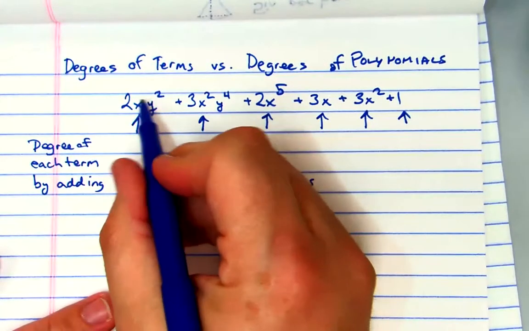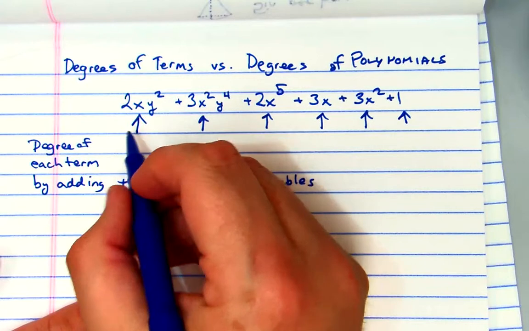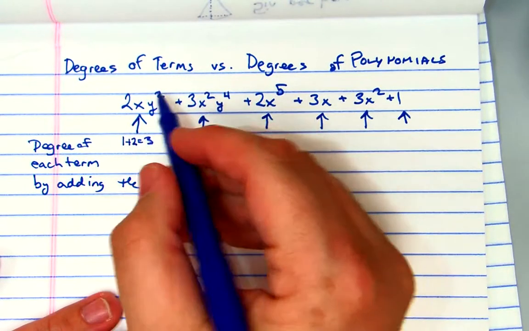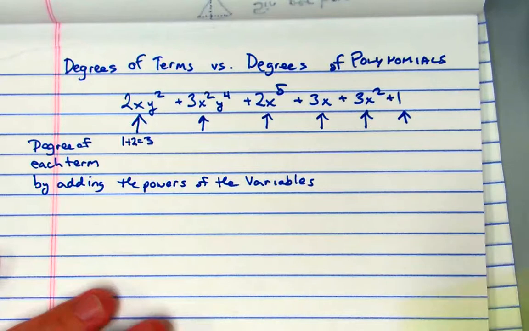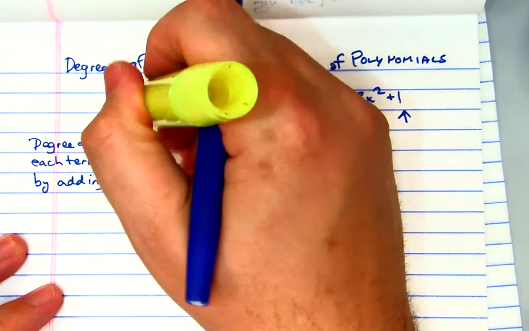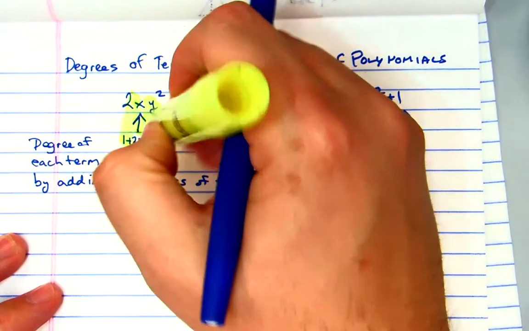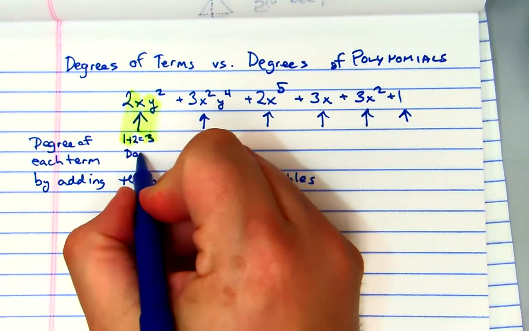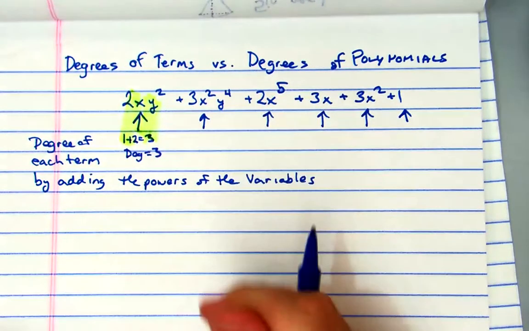So this term here has a 1 and a 2. So I'm going to say 1 plus 2 is equal to 3. So this term, all by itself, has a degree of 3. So I would say this has a degree equal to 3.